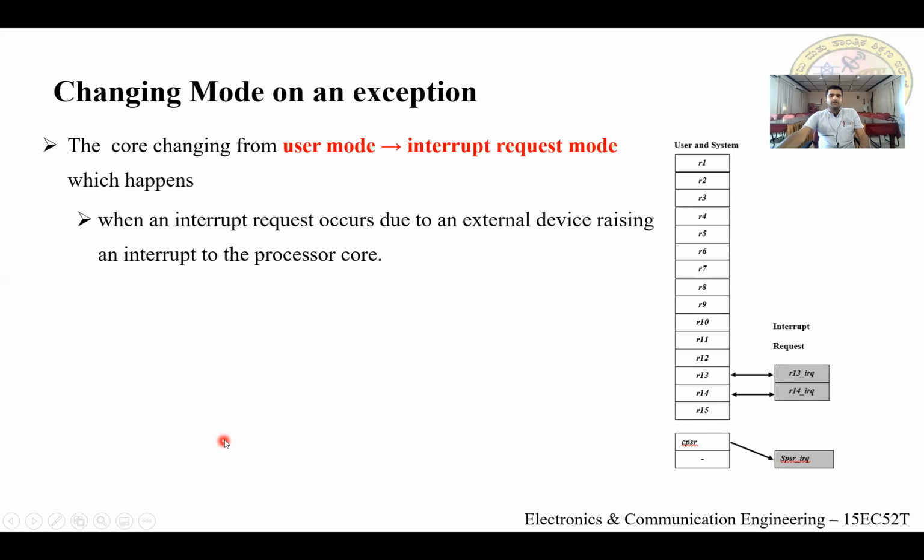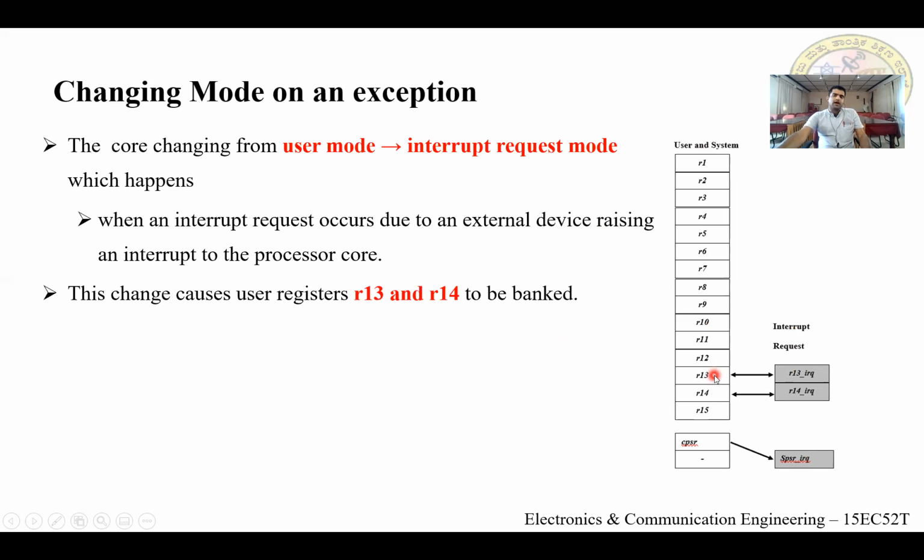For example, in this block diagram, if the mode changes from user mode to interrupt request mode, you can see R13 and R14 here. In interrupt request mode, we have 3 banked registers, that is R13, R14 and SPSR.